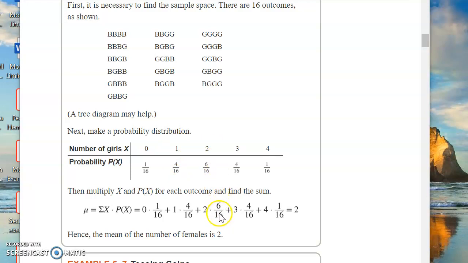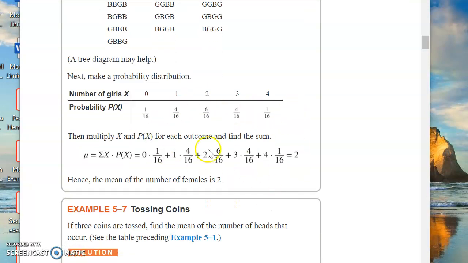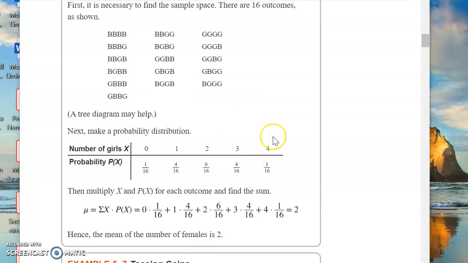If you look back up at that blue box, you'll see that's exactly what the formula is. You multiply all this out and simplify, and you come up with 2. So the mean number of females is 2.